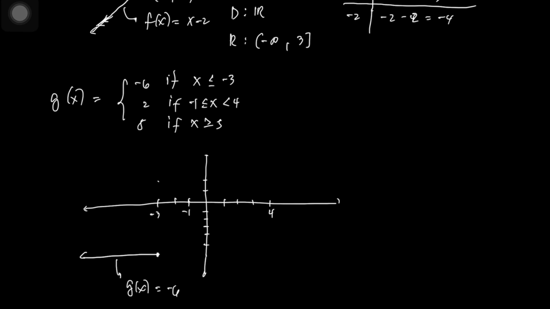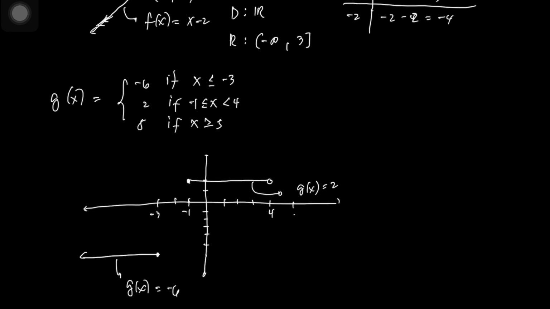From here, -1 is included to 4, but 4 is not included. So this graph here is g of x equals 2.